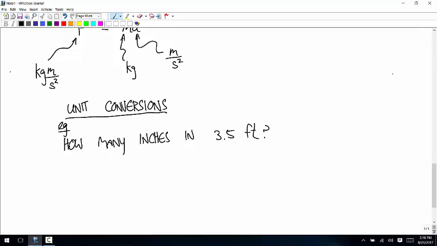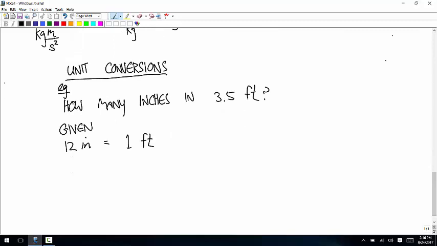So the idea is always this. We're always going to know some equivalence between the two units. So say that we're given that 12 inches is 1 foot. Since those two things are equal, if you divide something by itself, you always get 1, no matter what the number is. 50 divided by 50 is equal to 1.